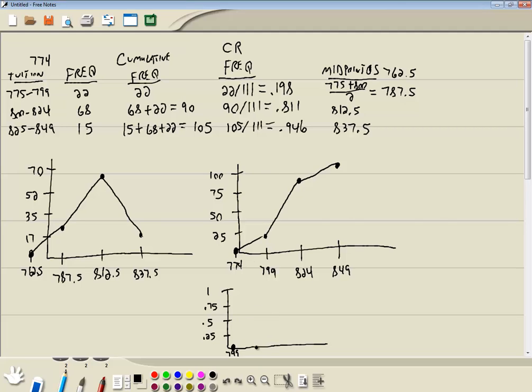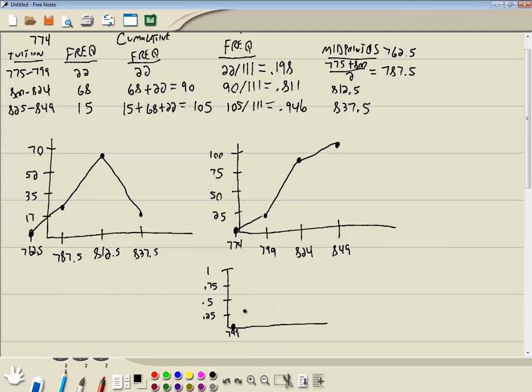So our first one is the dummy point. Then the next one is, what did I put? 799. That should be 774. That's our dummy point we added. And then you got 799, which is the cumulative relative frequency of 0.198, which would be about right there, let's say.